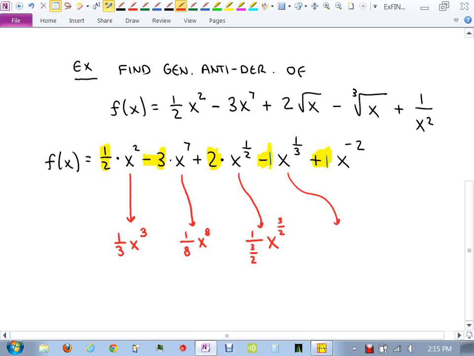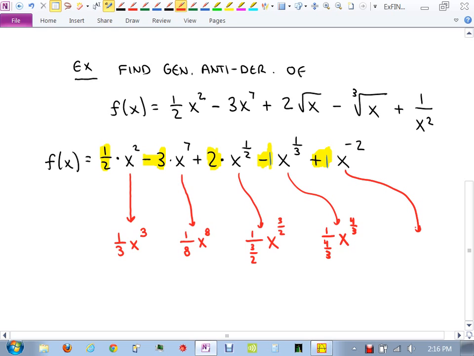You're probably sitting there going, what the hell? What's 1/3 plus 1? 4/3? So this is 1 over 4/3 x to the 4/3. Is that all right? How about this last one?